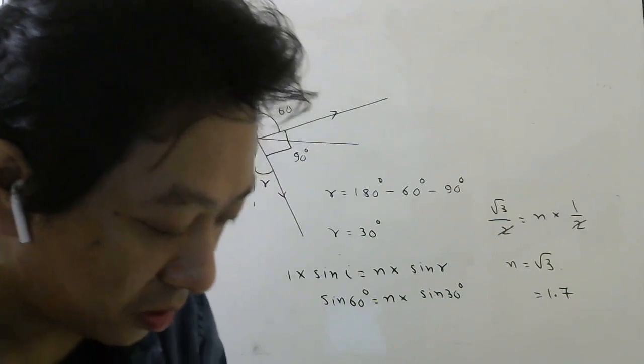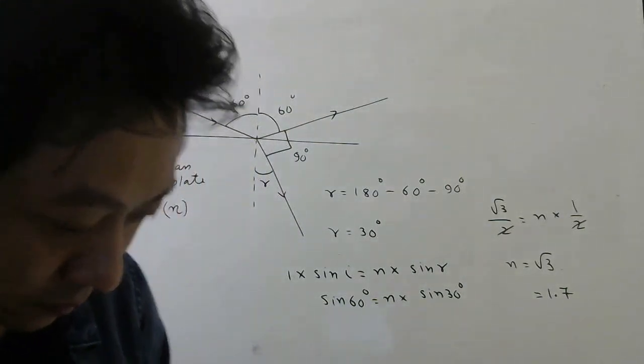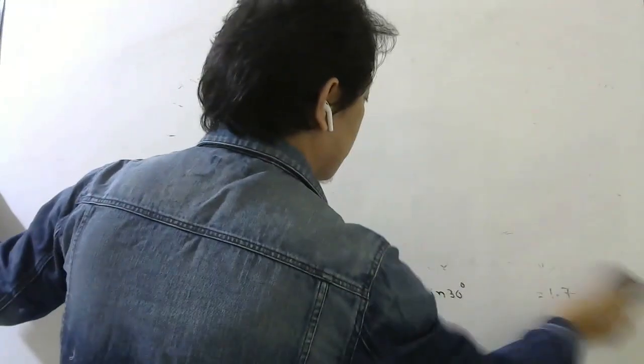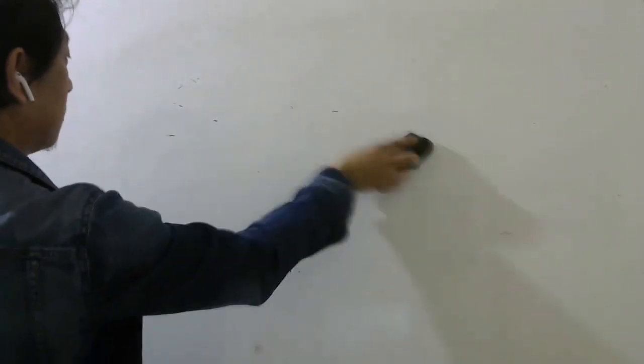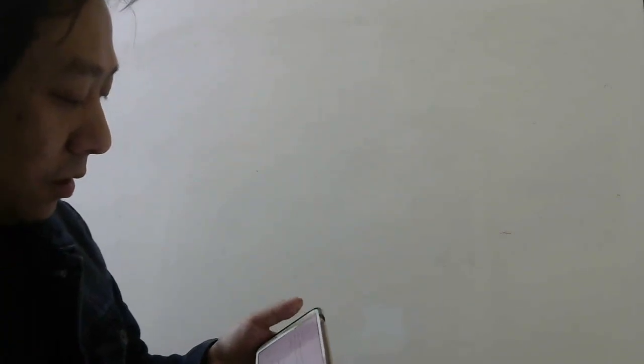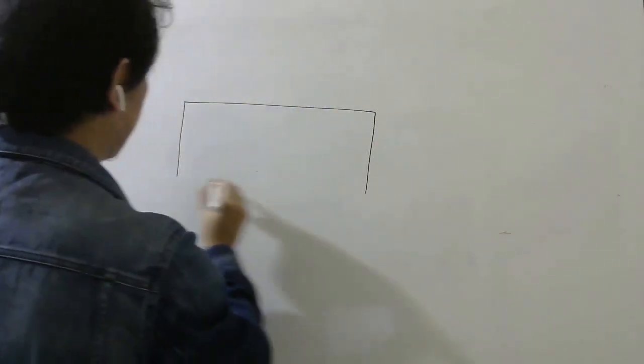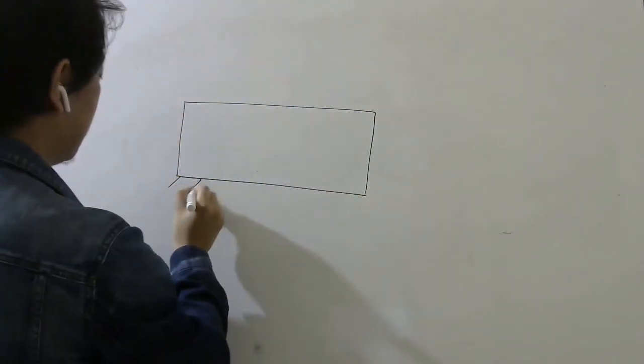Question number 23, you see. One side of a glass slab is silvered as shown in the figure. So there is a glass slab and one side is silvered.